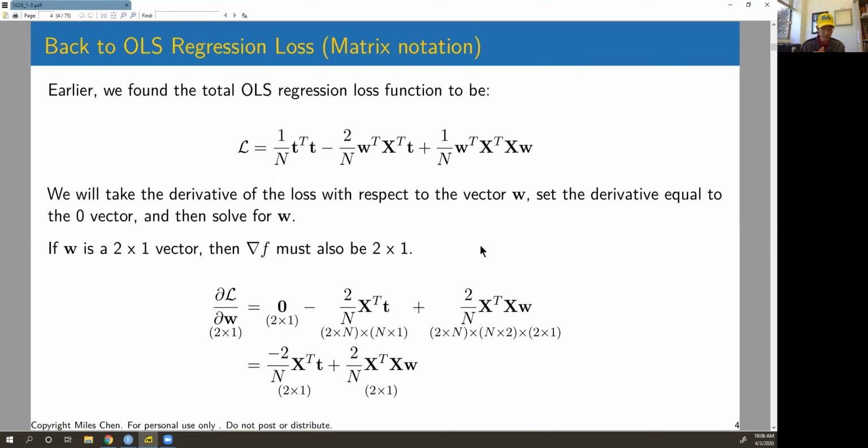In the last lecture, we found the loss function in ordinary least squares regression. Our loss function is going to be the mean squared error, basically the sum of squared residuals divided by n.